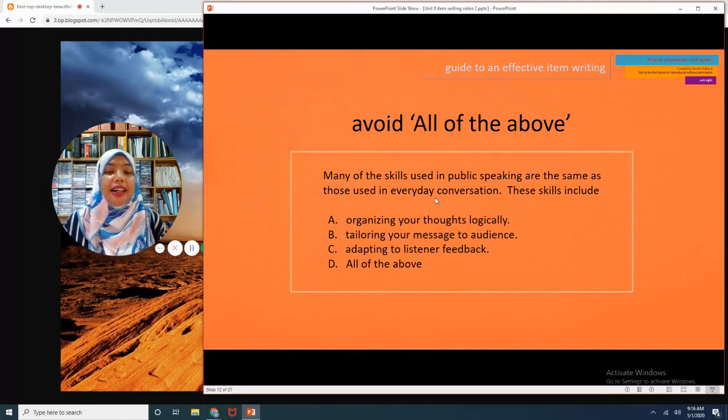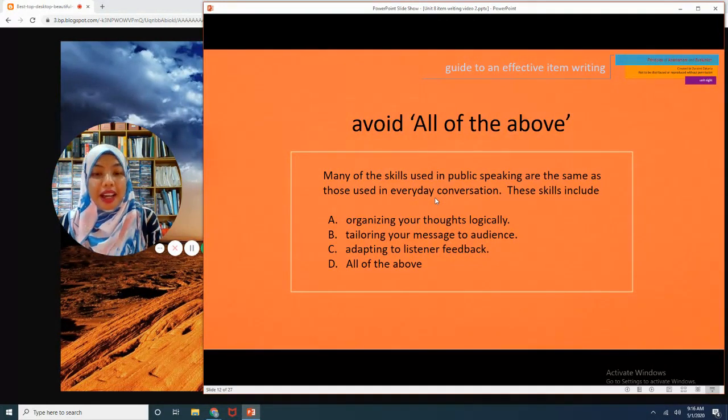Another thing is that based on experience, and this has also been supported by research findings as well, when teachers and educators place all of the above as one of the options, it is because it is the correct answer. If they don't have all of the above, of course it's not the correct answer.